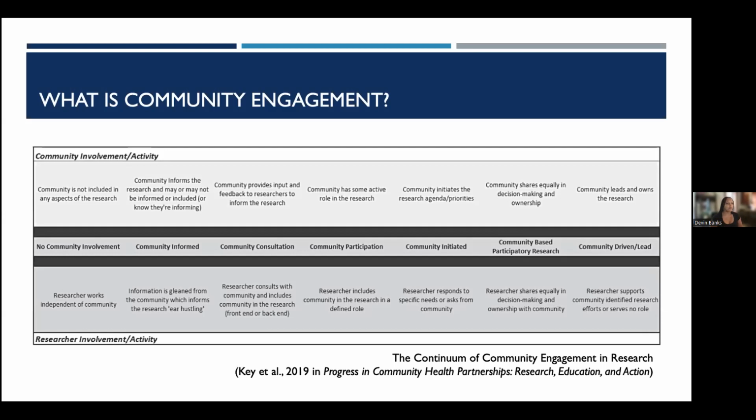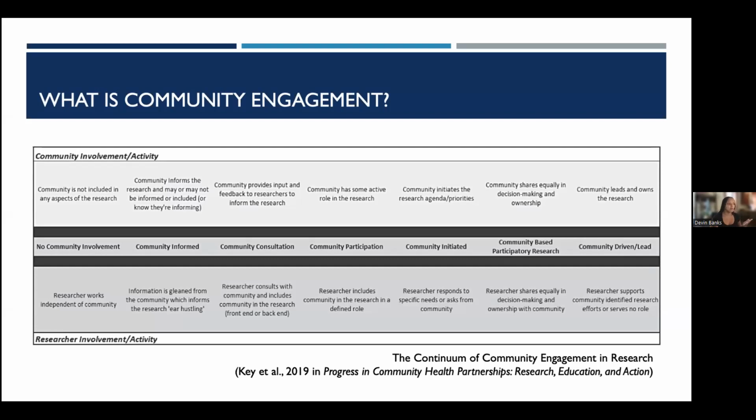So you can see here that if you're a scientist, you might be really familiar with some of the far left. If you've done any secondary data analysis, maybe you had a question and from start to finish just took some data, analyzed it, published it, and the community had no idea that you did that, and they were not involved at all.